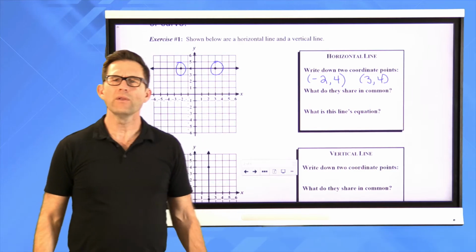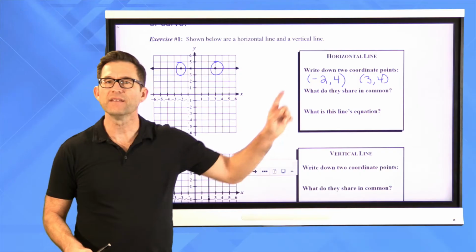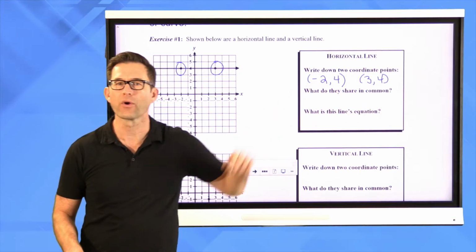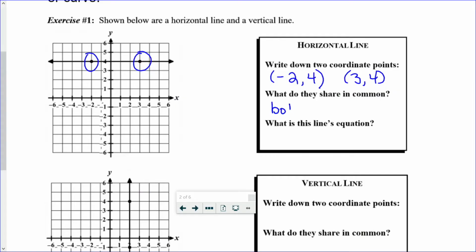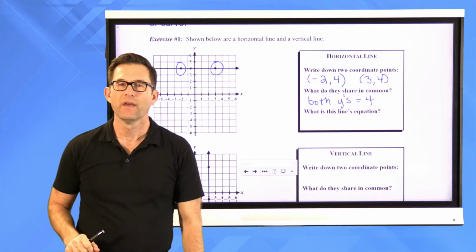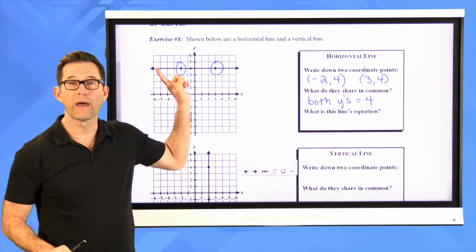When we look at those two points, what we should notice immediately is that they share the y-coordinate. Both y-coordinates are equal to 4. It's not just those two points. If I went to a point over here, that would be (-6, 4).